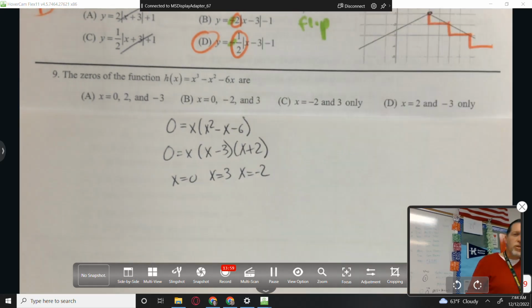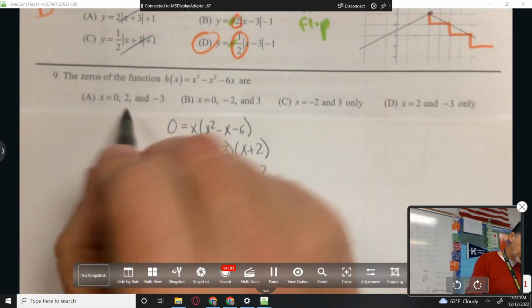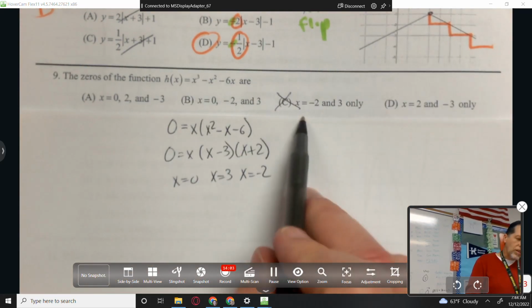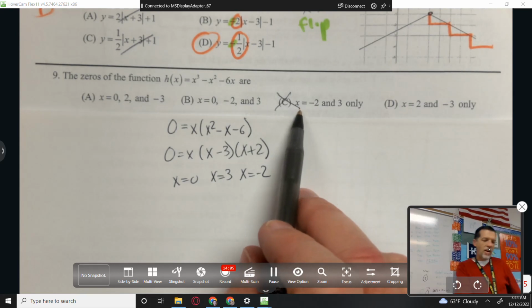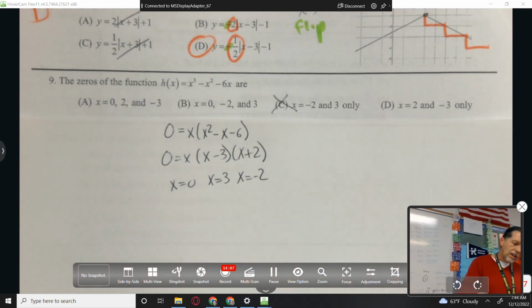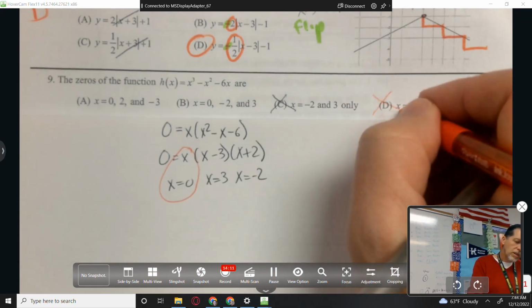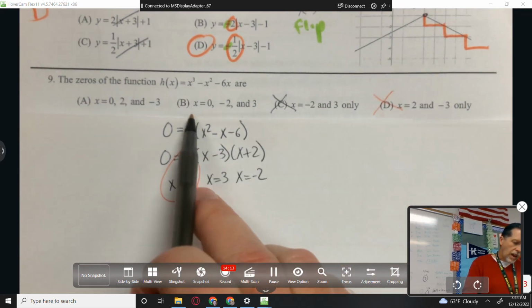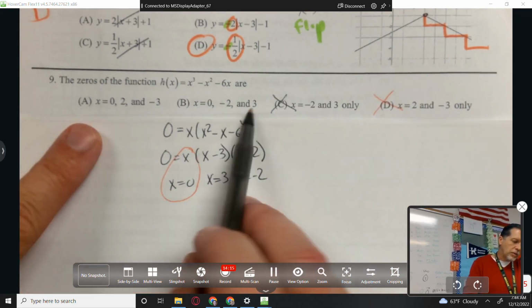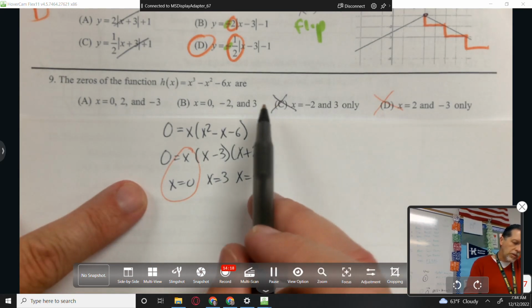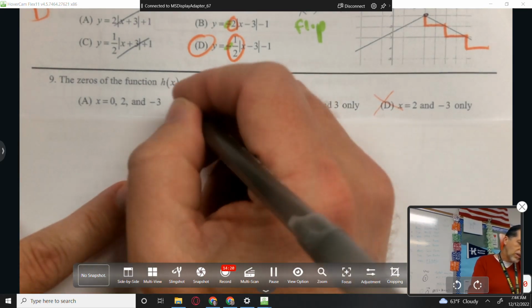Hope that's an answer choice. You can see what happened on C. I think they factored out the x and then forgot that an x out there does give you a solution of 0. And then I guess they factored wrong between A and B, but we want x equals 3 and negative 2. So B.